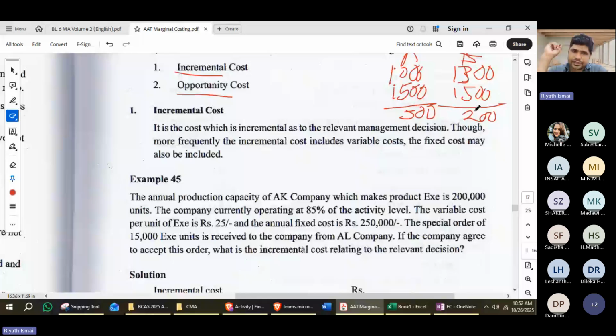Incremental cost is a cost relevant to a management decision, though more frequently the incremental cost includes the variable cost. Normally it includes the variable cost. Fixed cost may also be included. Fixed cost means, from A to B, either you use A or B, you use the same machine, so no fixed cost.